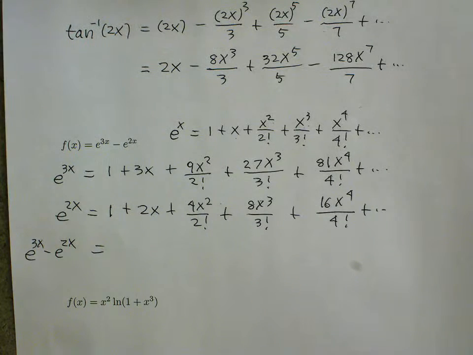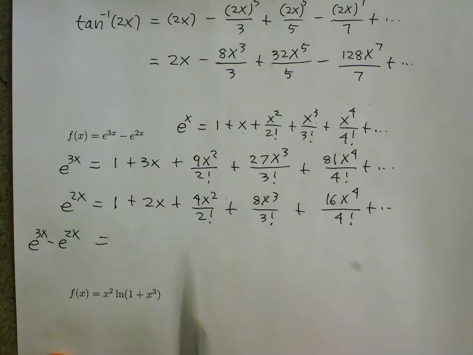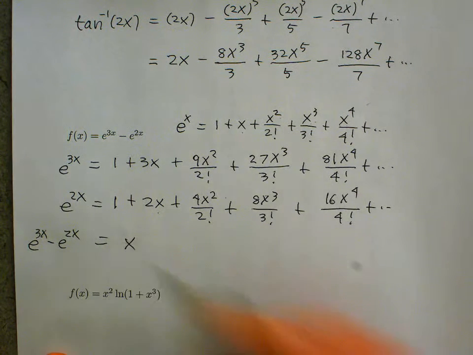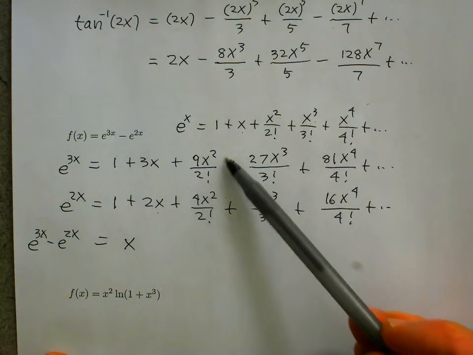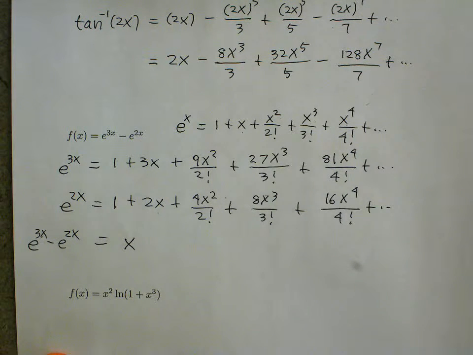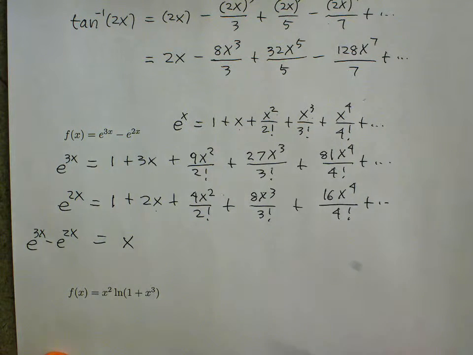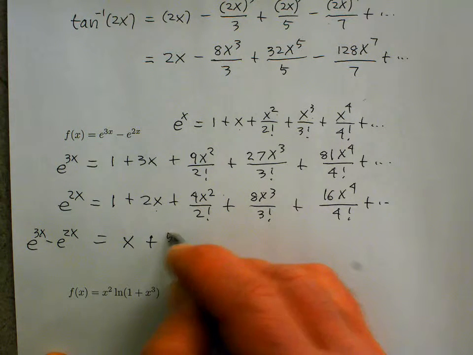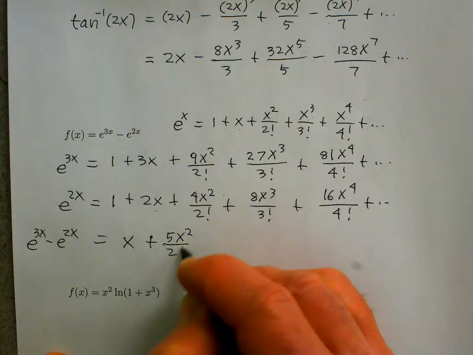Pretty easy, really. 1 minus 1 is 0. 3x minus 2x is x. 9x squared over 2 factorial minus 4x squared over 2 factorial. How much is that? 5x squared over 2 factorial.